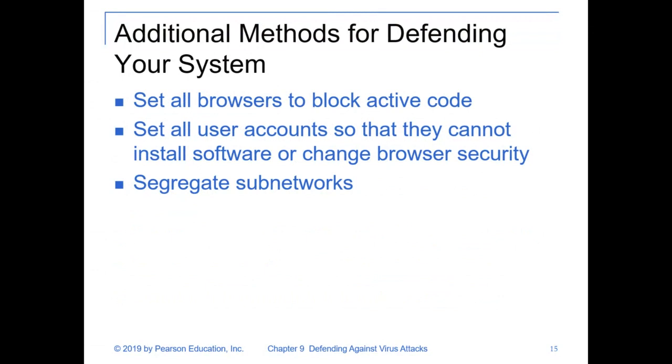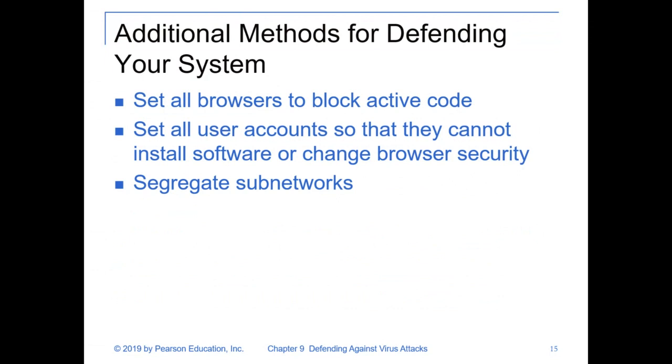There are some additional methods you can use to defend your system. Set all your browsers to block active code. Set all user accounts so they cannot install software or change browser security settings, and segregate your subnetworks. Place a firewall that's tightly secured, with its own virus scanning software, between the subnet and the rest of the network.